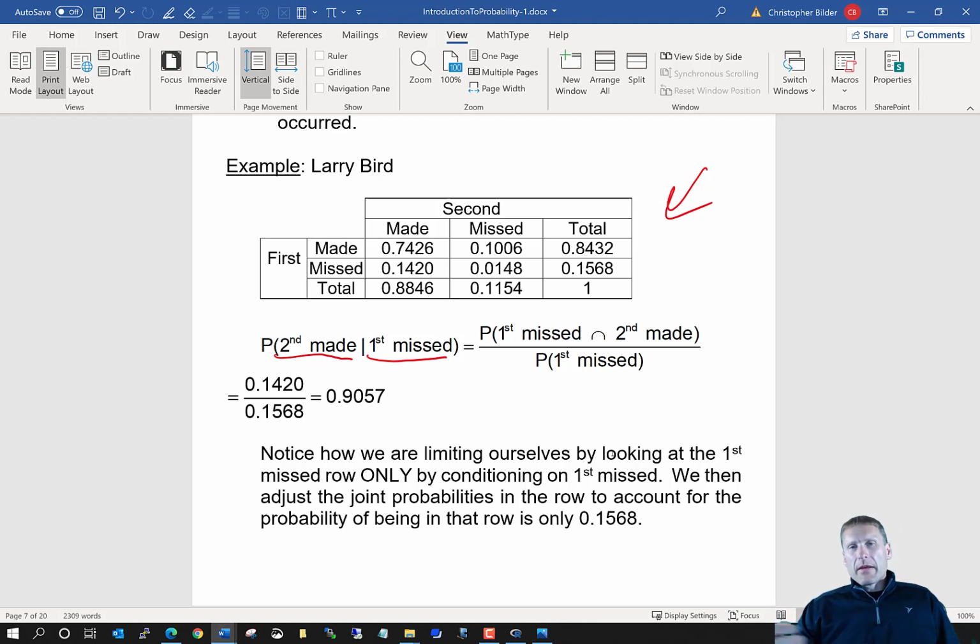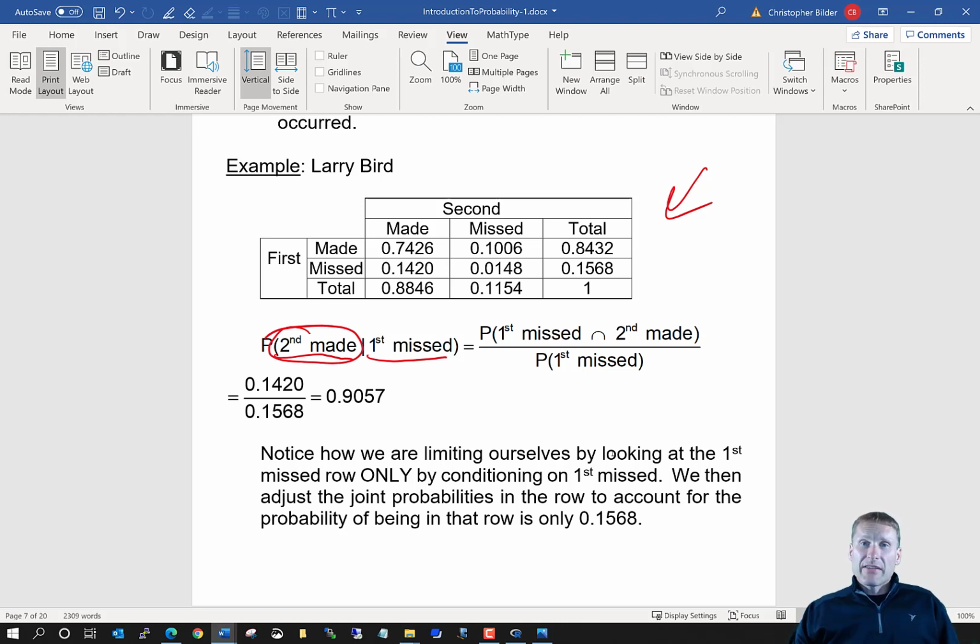In general, one may think that when a basketball player misses that first free throw, that perhaps that basketball player gets down on themselves. They maybe psych themselves out, and that will lower their probability of making that second free throw.